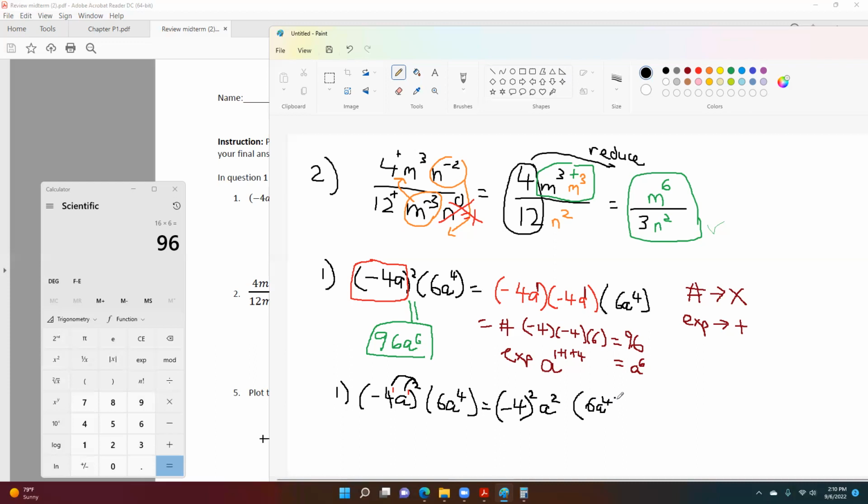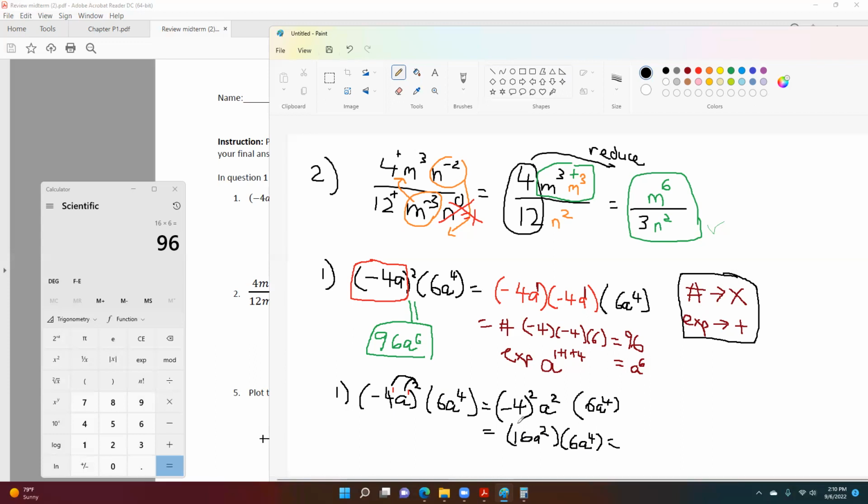Okay, so let's do this distributing. Negative 4 times negative 4, you get 16a squared. And what we do here is we take 16a squared times 6a^4. We repeat the same thing that we just did. Numbers we multiply, exponents we add.